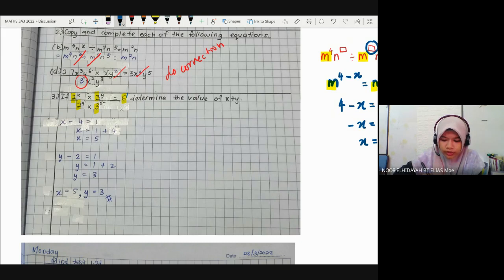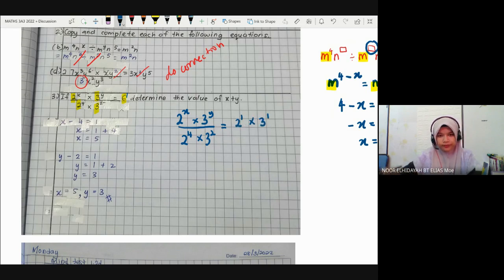Rewrite the question: 2 to the power of x times 3 to the power of y over 2 to the power of 4 times 3 to the power of 2 is equal to, 6 can be written as 2 times 3, 2 to the power of 1 times 3 to the power of 1. Now you have base 2 and base 3 on the left hand side and the right hand side.